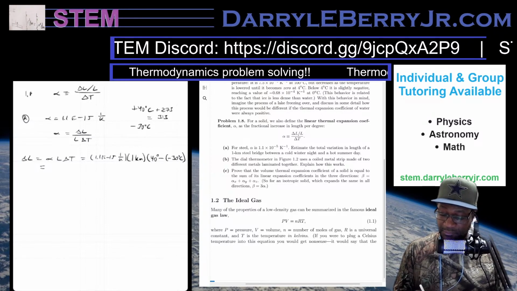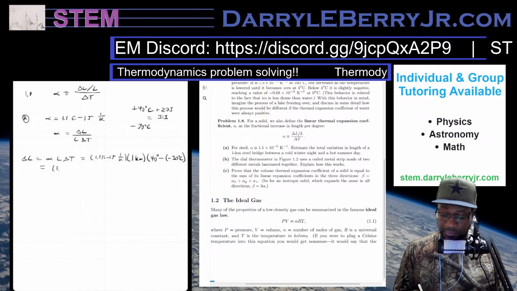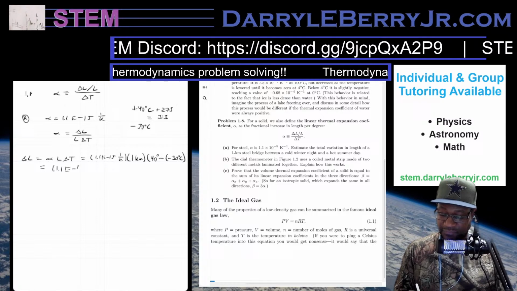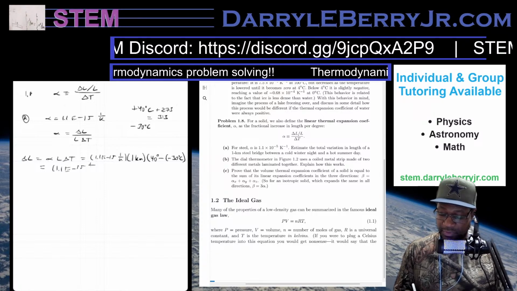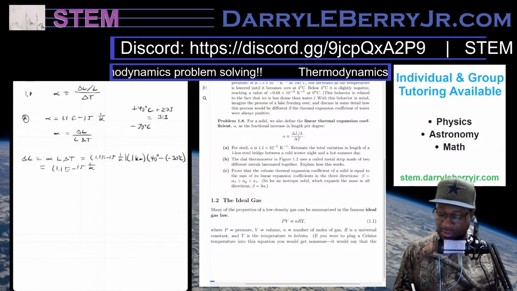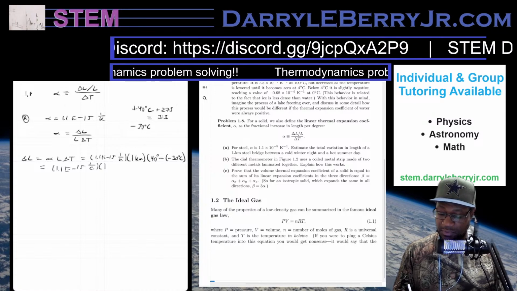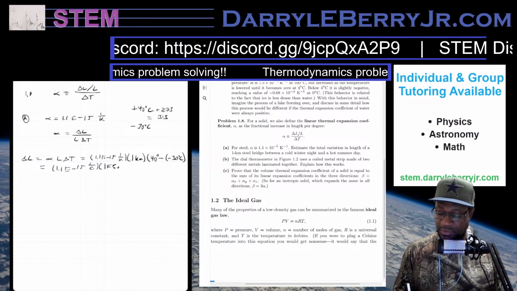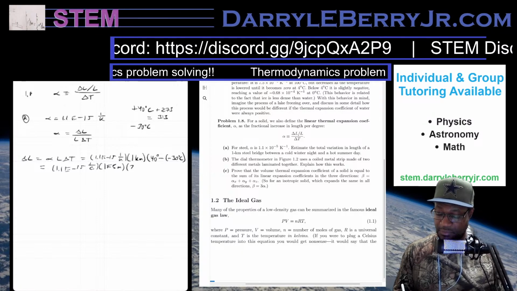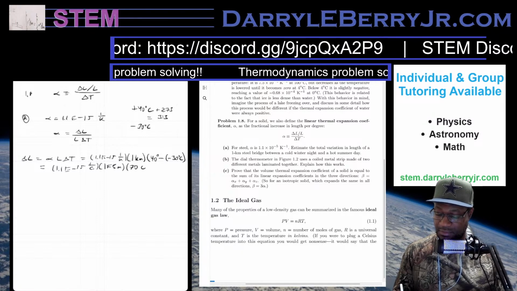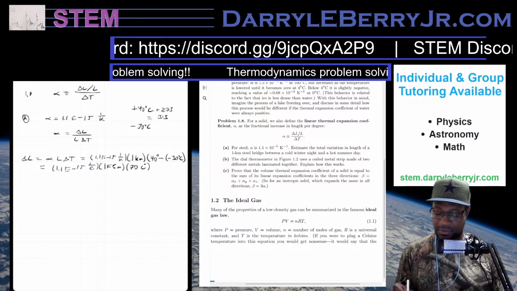So that's going to be 1.1 times 10 to the negative 15, 1 over K, and in this case 1 over C, times 1 times 10 to the 3 meters, and this will be 70 C change because the difference is the same.